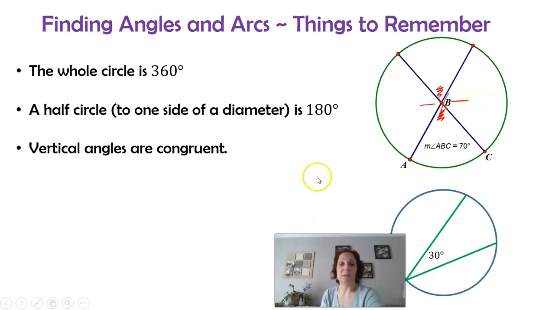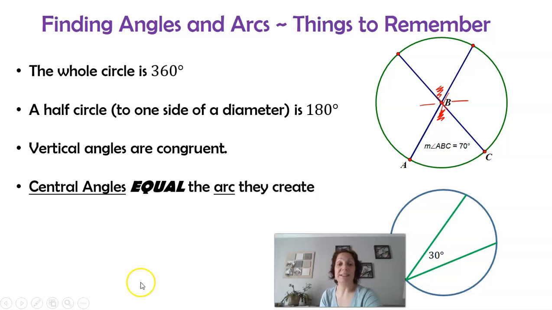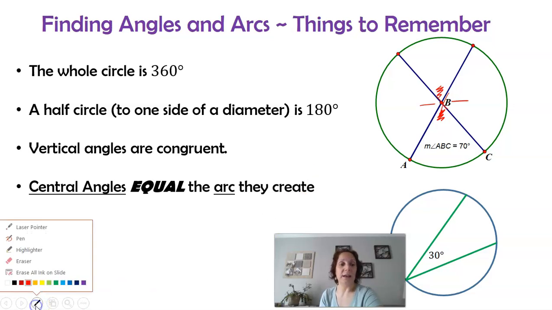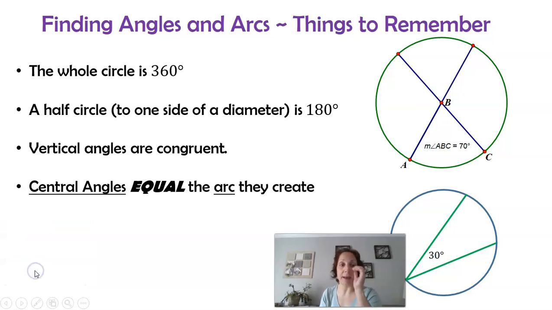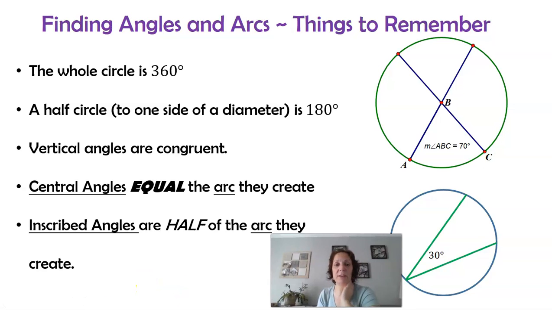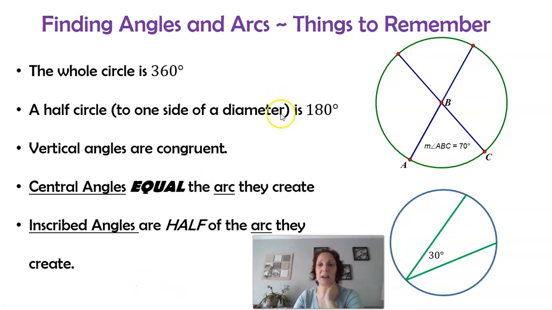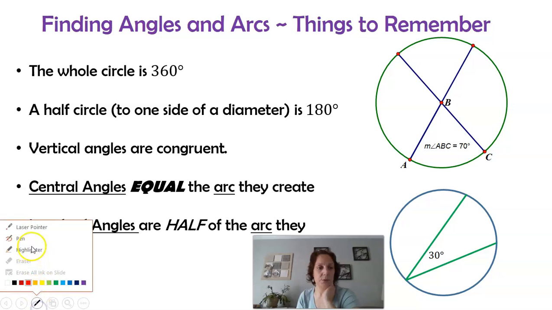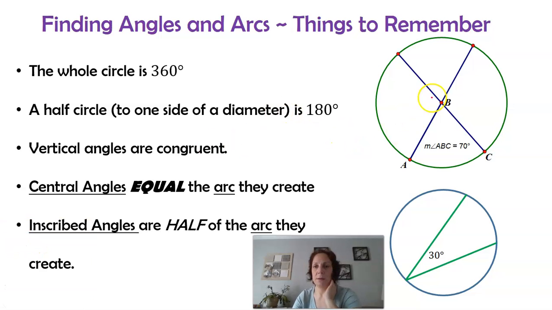Okay. Now, some new information from this section was the information that we have about central angles and about inscribed angles, right? So we know that if an angle is central, it's going to cut out an arc. So for example, this angle right here is a central angle, right?